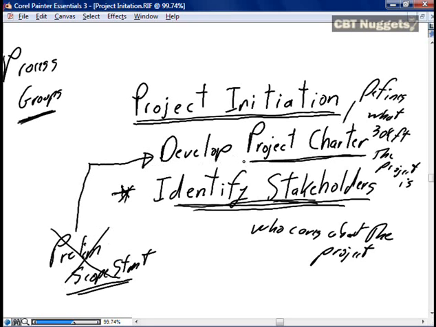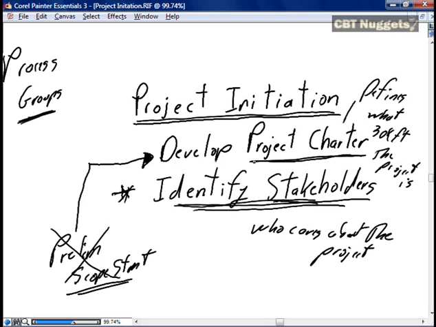As we go through the details of this nugget, I am going to leave the concept of the preliminary scope statement in the nugget itself. Again, this is to try to bring some points of reference back to existing project management practitioners who are used to this concept of a preliminary scope statement, recognizing that in this release the preliminary scope statement is no longer a discrete entity, but the material contained in it has simply been rolled into the project charter.